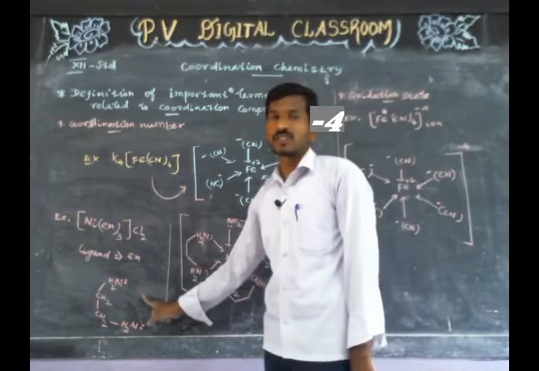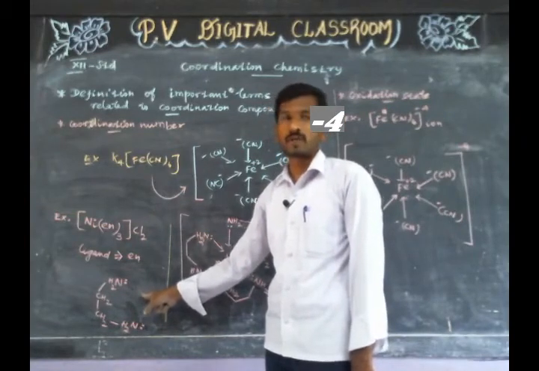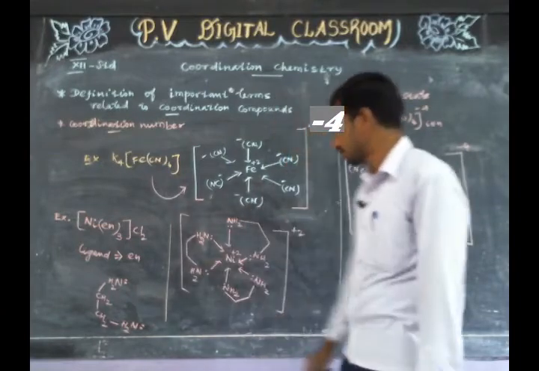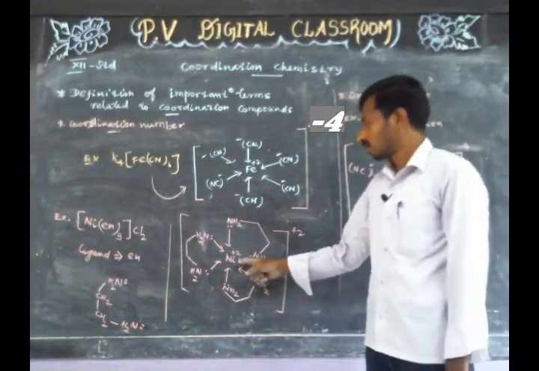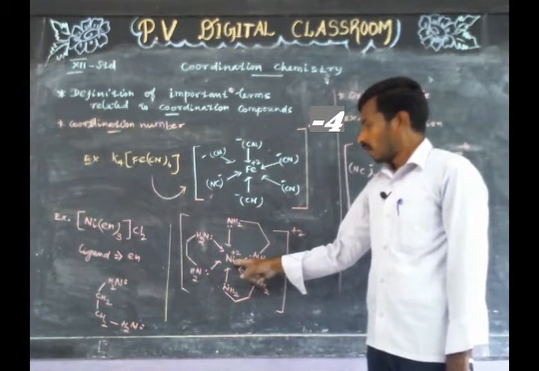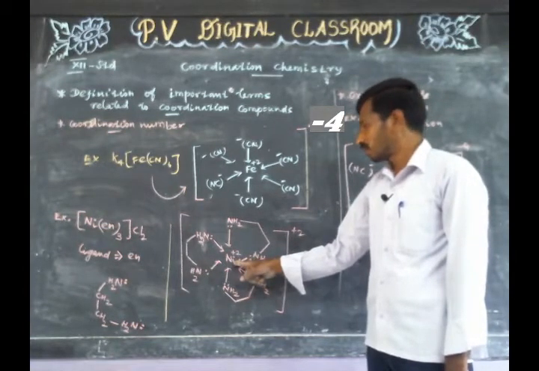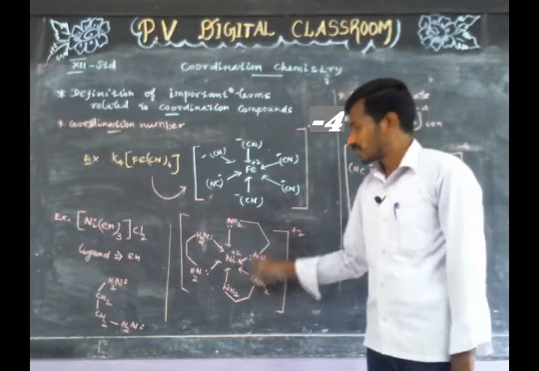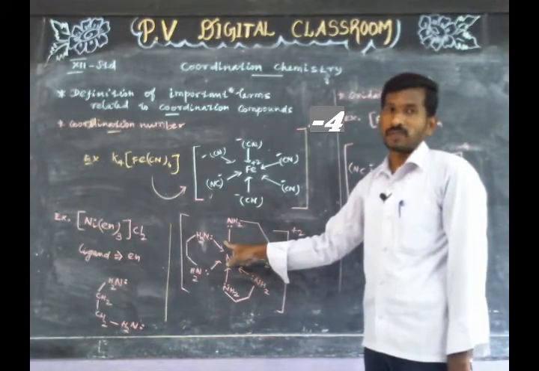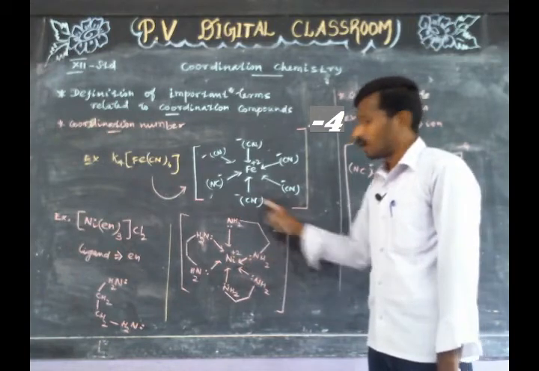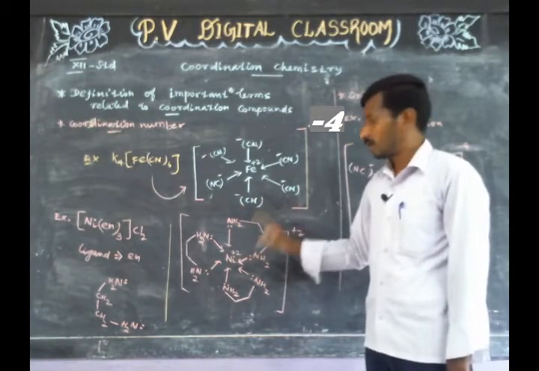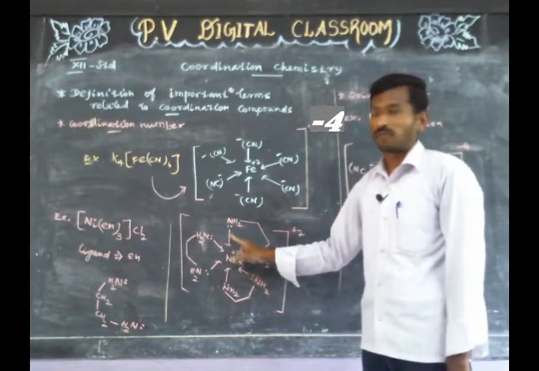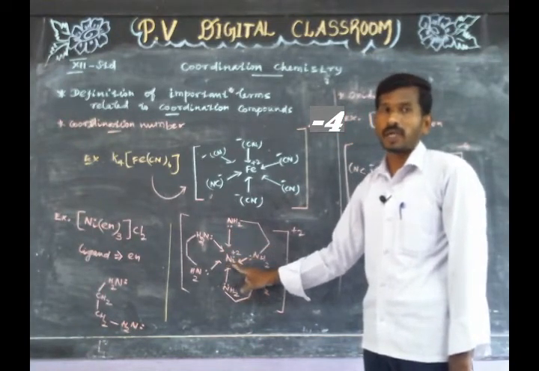It has a tendency to form two coordinate bonds with the central metal atom or ion in a coordination compound. Around the Ni+2 ion in this compound, there are 6 coordinate bonds present. This is because each ethylenediamine molecule forms 2 coordinate bonds with the central metal ion, namely the Ni+2 ion.